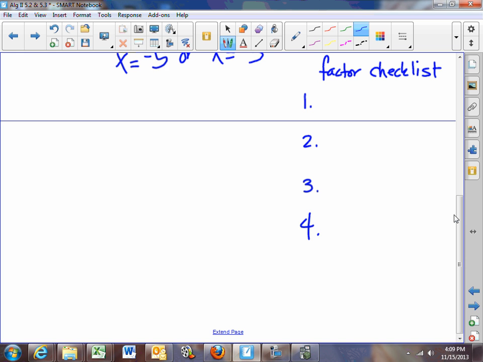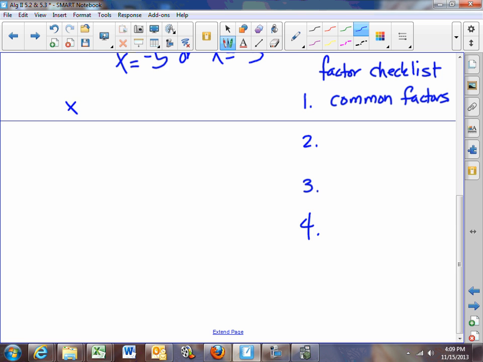Now, the first thing you should always check for when you're trying to factor a polynomial is common factors. Common factors can greatly complicate a polynomial, and if you take them out first, a lot of times you'll be doing yourself a big favor. Let's take a look at an example.